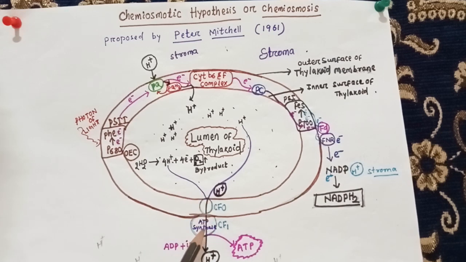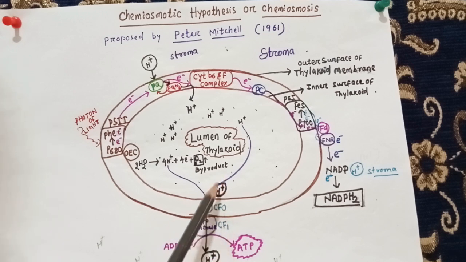This ATP synthase has two protein subunits. One protein subunit is embedded in the thylakoid membrane. It is named the CF0 particle. And another part which protrudes towards the stroma of the chloroplast is named the CF1 particle.